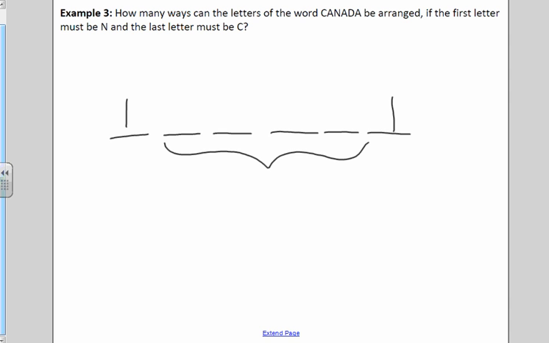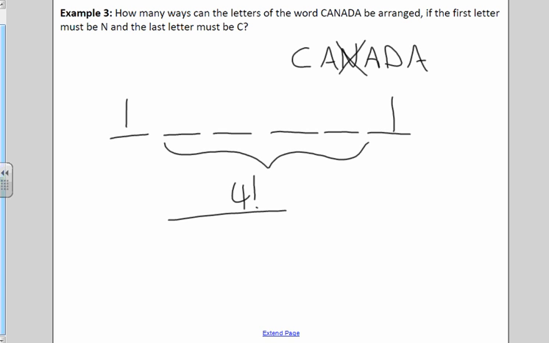We're going to approach this part like we have been already. So we have 4 factorial on the top, and what are we going to put in the bottom? Our letters remaining are A, D, and A. So what are we going to put in the bottom? 3 factorial. Good.